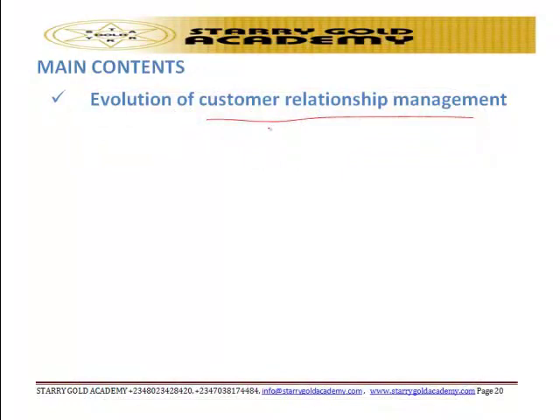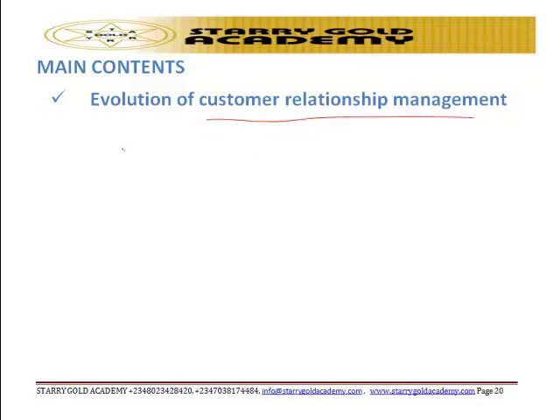I told you in the last chapter that customer relationship management is a strategy used by firms to build good relationship with customers in order to keep their loyalty, to retain them, and to also sell to them and make profit from them. Let's take note of that. We want to see where this customer relationship management started in the modern or ancient world.